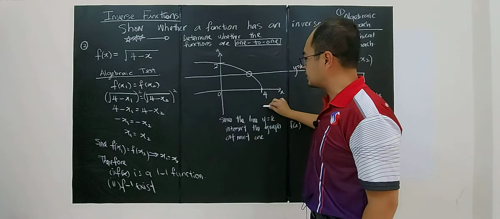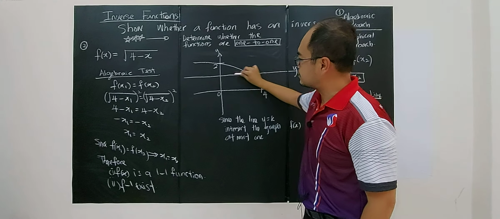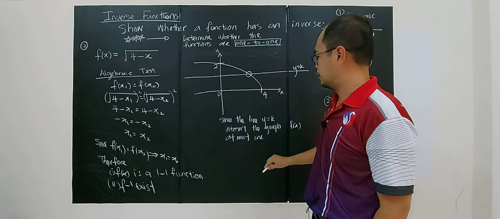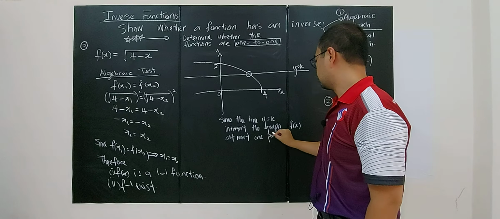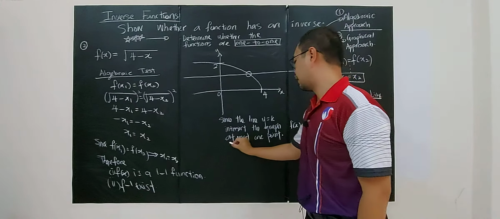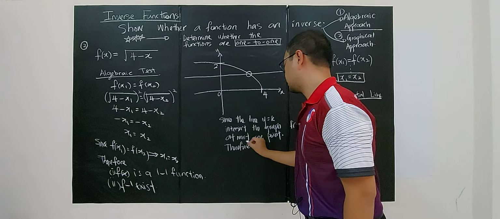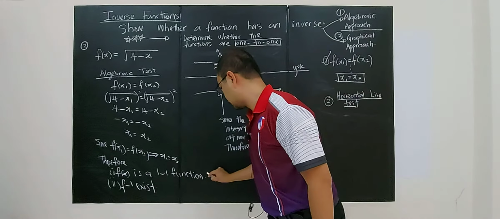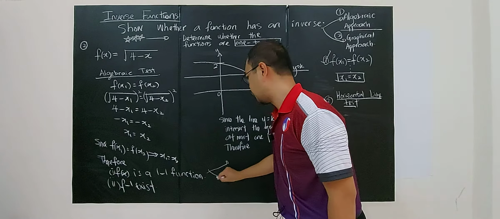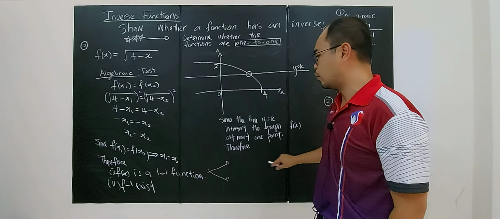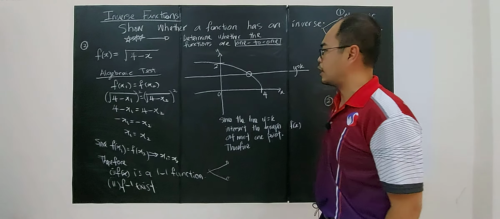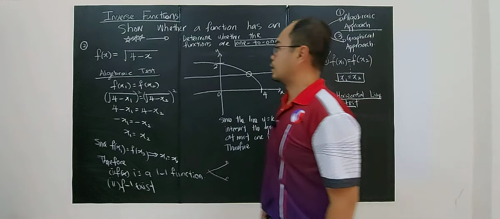There are no points of intersection. But if you move it, they intersect at most 1 point. Therefore, copy this, it's the same sentence: f(x) is a one-to-one function, and the inverse of f exists. All right, very simple.